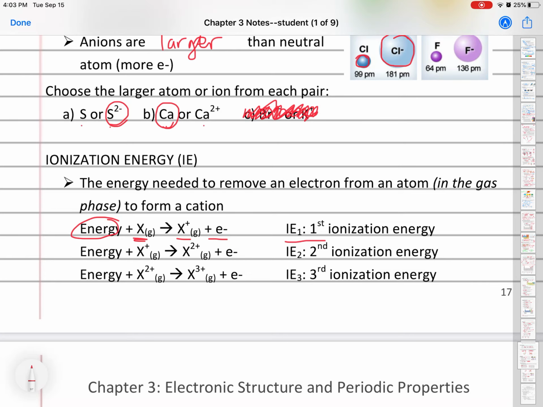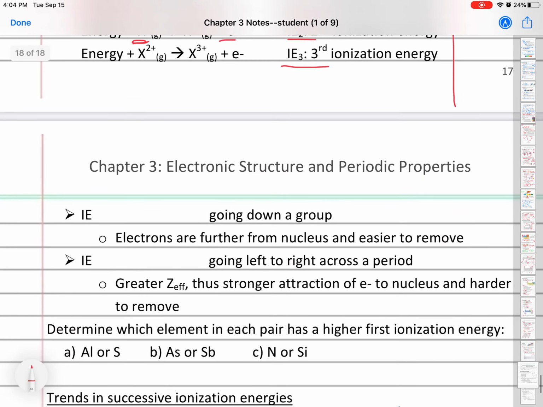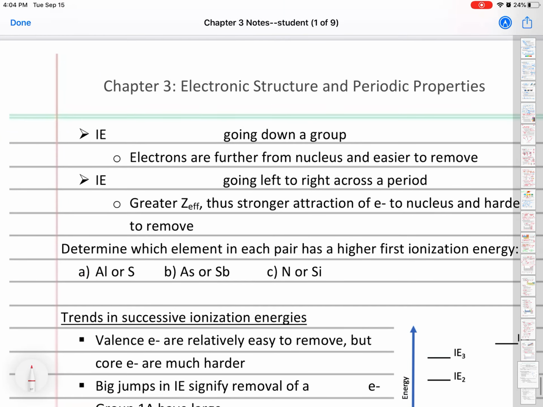So to pull one electron out, that's the first ionization energy. Then if you take that cation and you pull another electron out, so now you have a 2+ cation, that's the second ionization energy, and so on and so forth. So you could take an atom and keep successively plucking electrons out, and the amount of energy it takes to pluck each electron is the first, second, third, and so on, ionization energy.